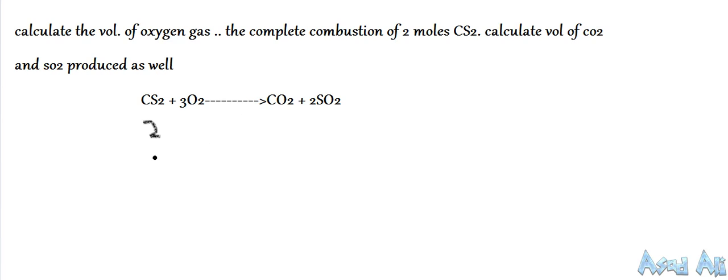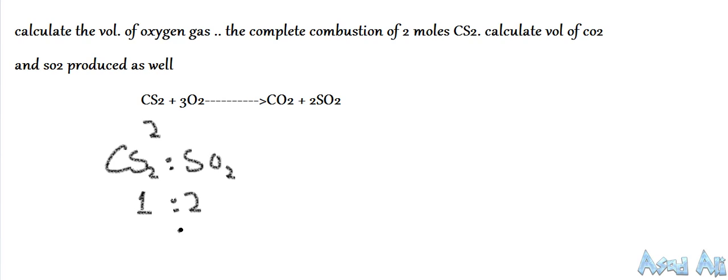Now this is very simple. We have CS2, the ratio of CS2 to SO2 is 1:2 in the reactant and product side. So that means if we use 1 mole of CS2, 2 mole of SO2 will be produced.